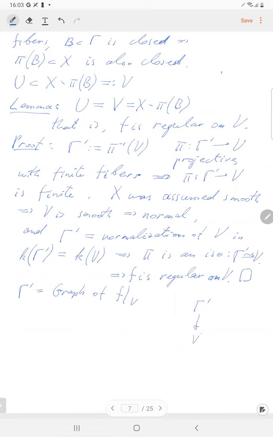It projects to V, projects to Y, and this is F. And this is a commutative diagram, but this is an isomorphism, so we obtain the desired. So F was only rational, but we see that it's actually regular. It's the composition of the inverse map and this projection to Y.